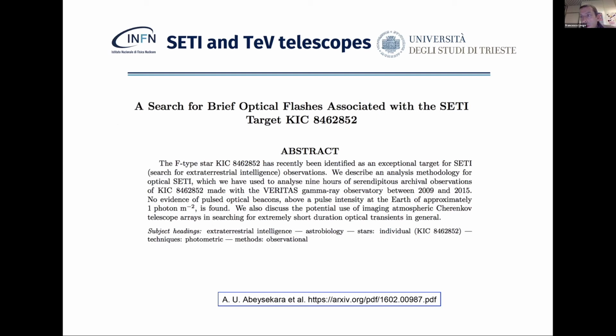To my knowledge, I might be wrong, but again, Jamie can comment, there is not yet an official program for that, but since CTA is an open observatory, I think that the community might try to get something to ask them. There is a group working on optical interferometry, and the SETI program might be improved given the large number of telescopes and the spread of where they will be built.